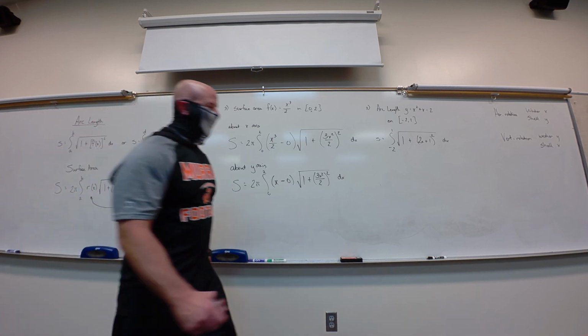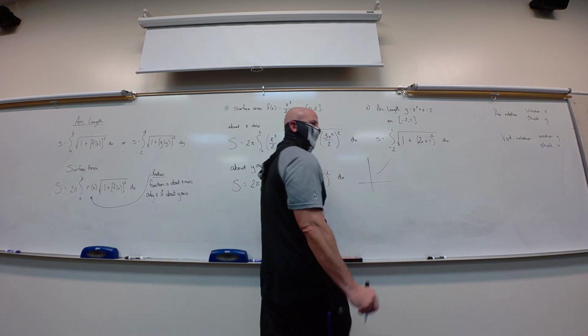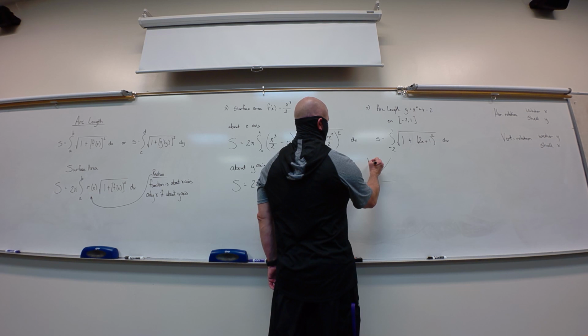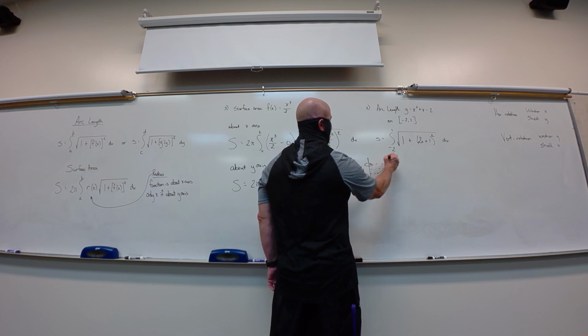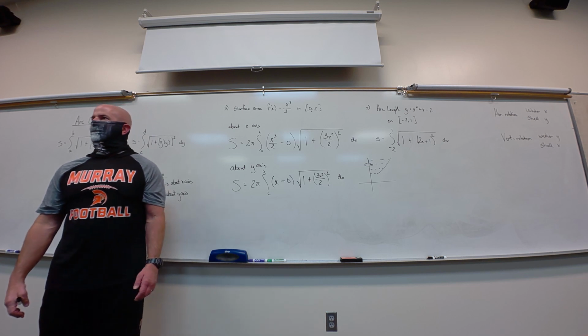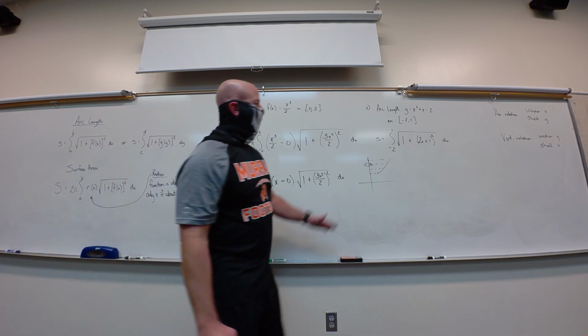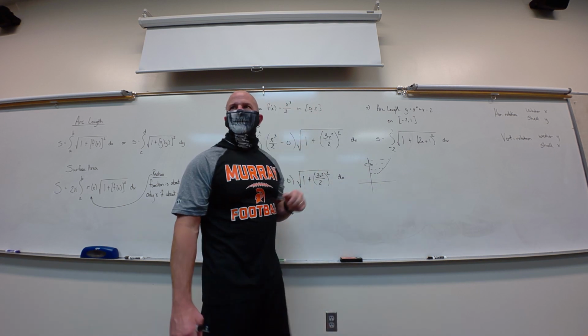And again, think about it. If your function's over here somewhere, and we're going to go about this guy here, how far is each point from the y-axis? x units. x units from the y-axis. It's y units from the x-axis, but y is the function.